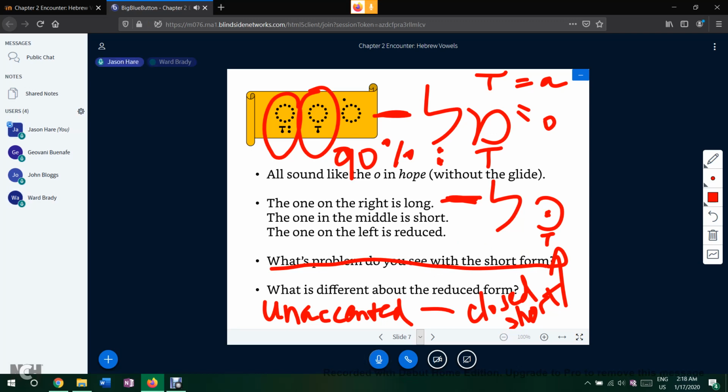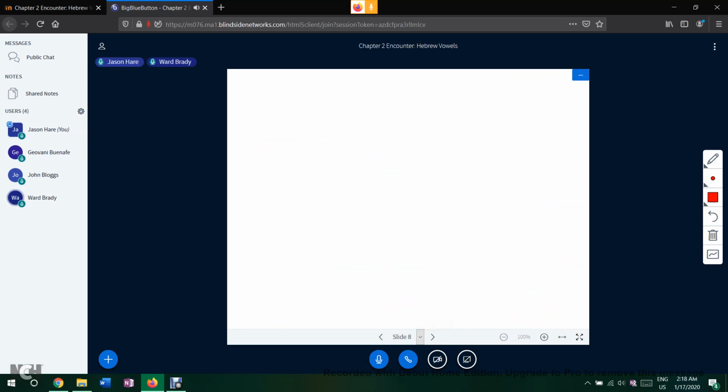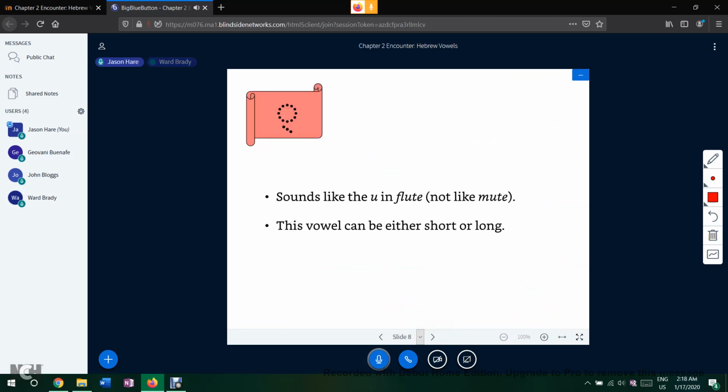Okay. And finally, this is kubutz. Kubutz is U. It can be long or it can be short. It's like chirik, there's no variant form.